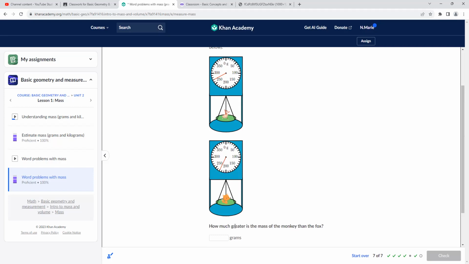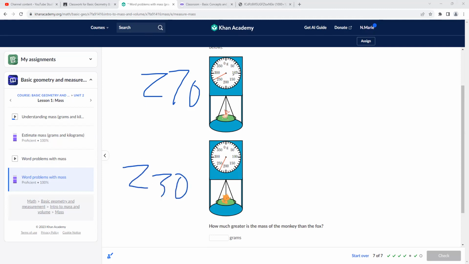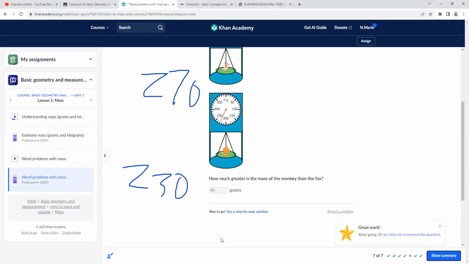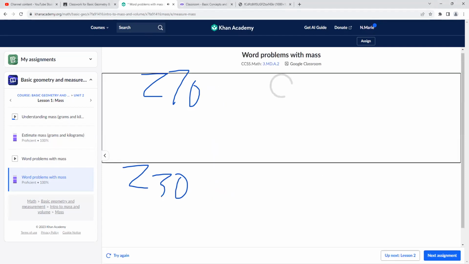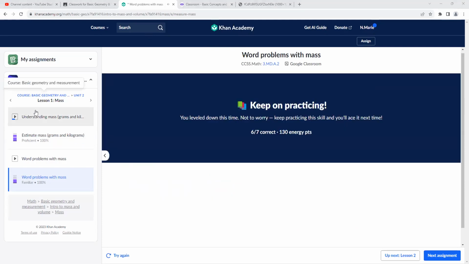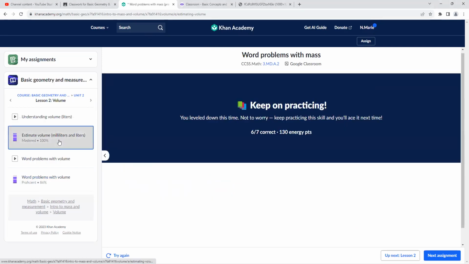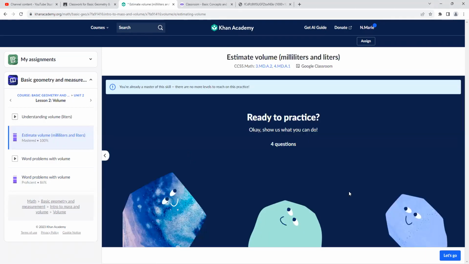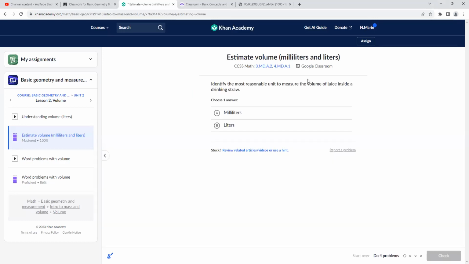And then this one's about 210, 20, 30. So it looks like the monkey weighs about 40 grams more. Very simple. And then you're going to be doing the same thing with volume involving milliliters and liters.